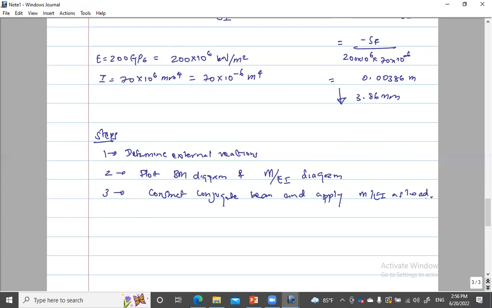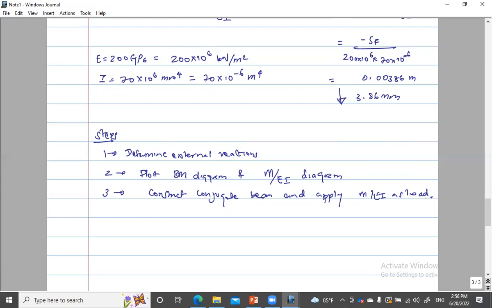There are problems even in the slides I will upload. There are 1 or 2 problems, but in the book there are problems. So you practice and exercise and familiarize yourself with the method. You can expect a question either in the conjugate beam or in the moment area method.